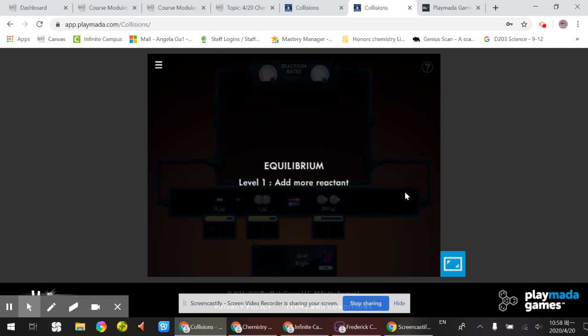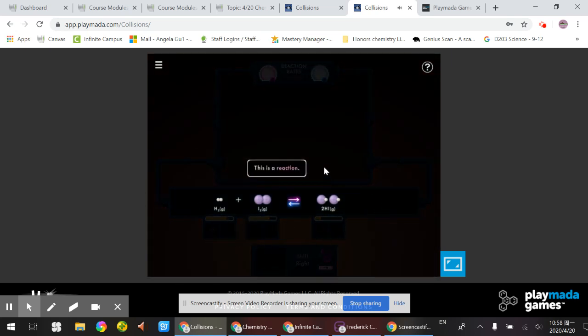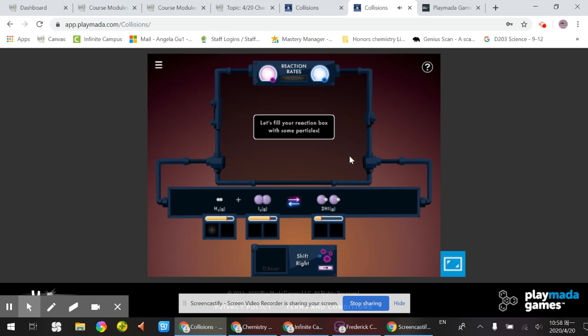And here we go. All right, so level 1 is about adding more reactant. As you know, we have a chemical equation. So this is a reaction, and there are reactants, and there are products. In here, this is where your reactions will occur. This is what we call the system.